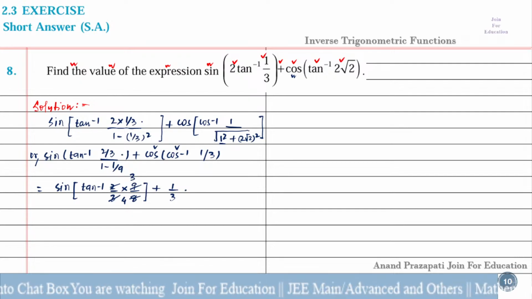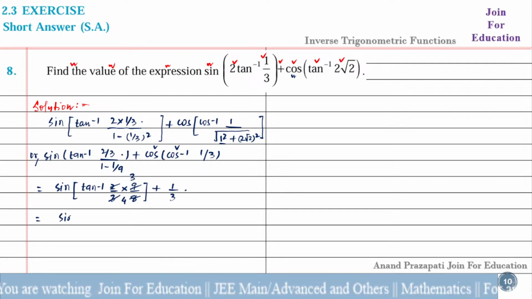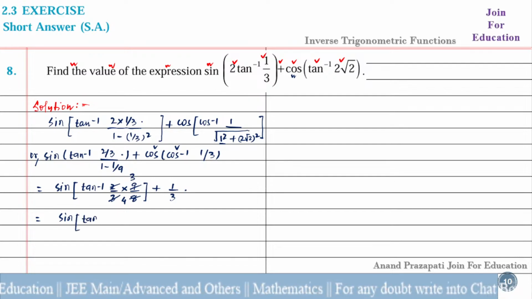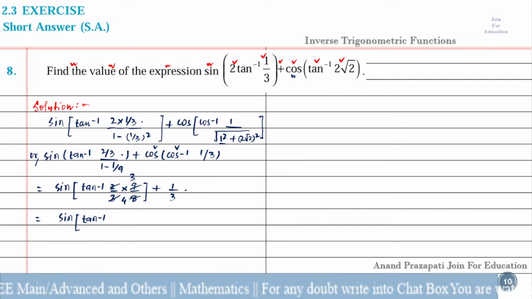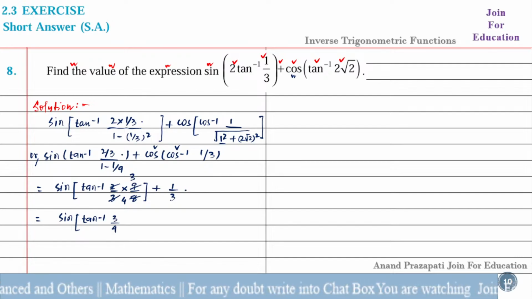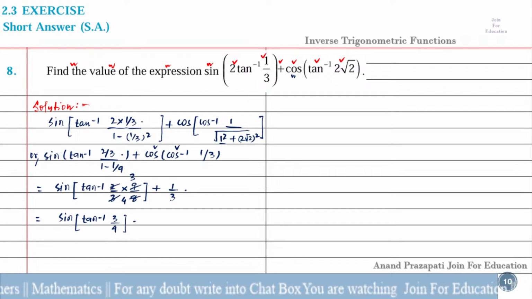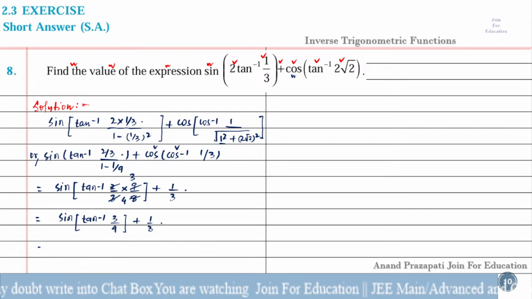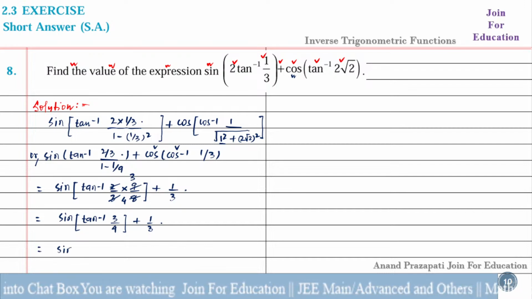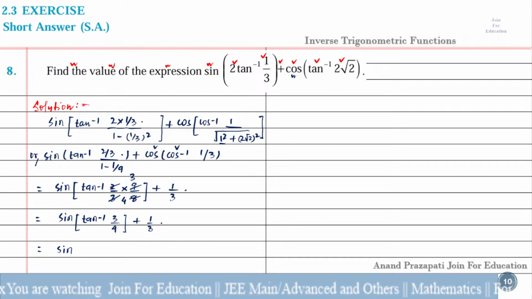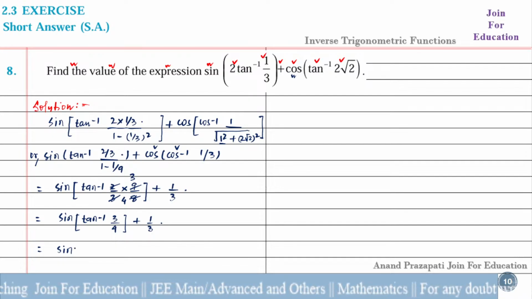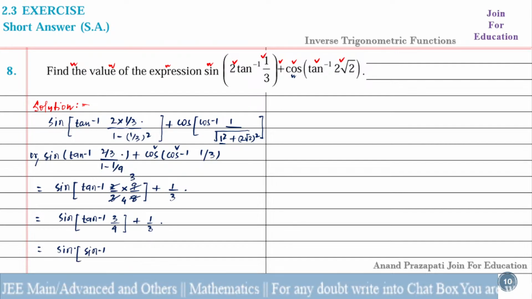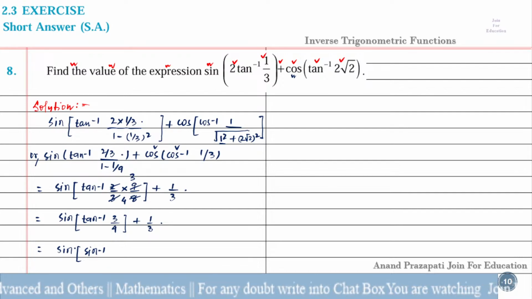So the next step here will be equal to sine, and we write down here tan inverse 3 by 4 plus 1 by 3, or equal to, we write down here sine, and we convert tan inverse 3 by 4 into sine, then we get here sine inverse, this is the p by b, and sine will be p by h.